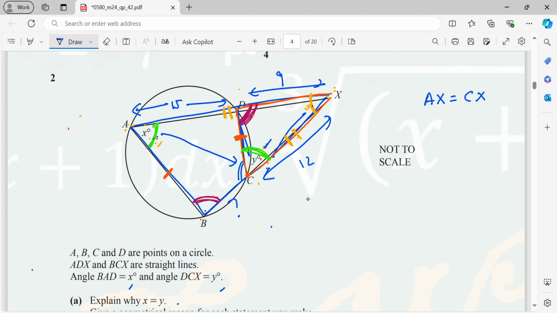And then AB corresponds to DC or CD. For the big triangle ABX, now left the BX. So BX is the remaining side, which is here. This BX corresponds to DX.